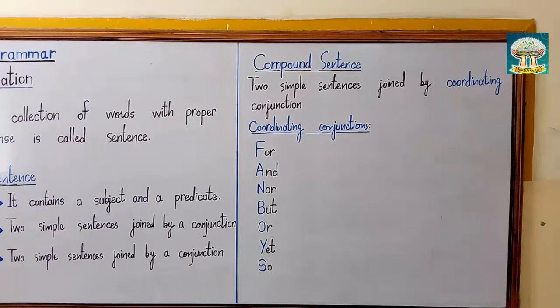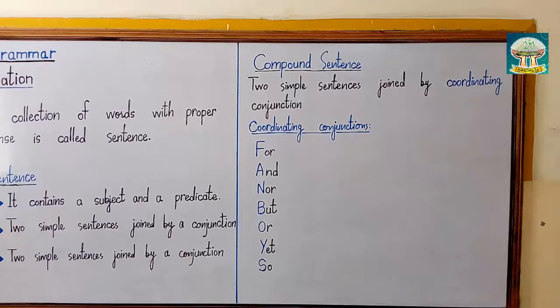You can remember them with the help of this acronym written before you, FANBOYS. F-A-N-B-O-Y-S. In this acronym, F stands for for, A stands for and, N stands for nor, B stands for but, O stands for or, Y stands for yet, and S stands for so.